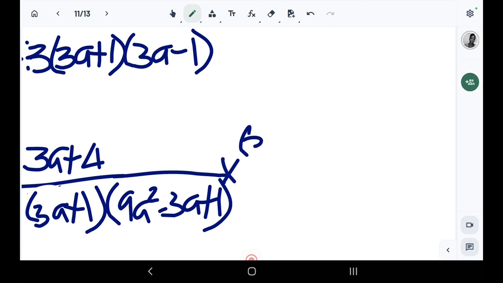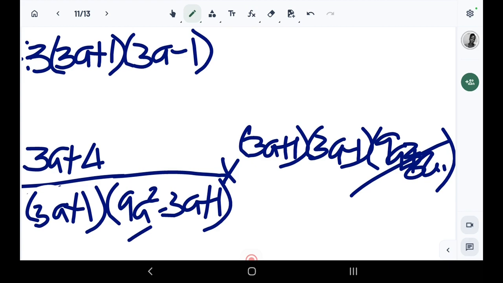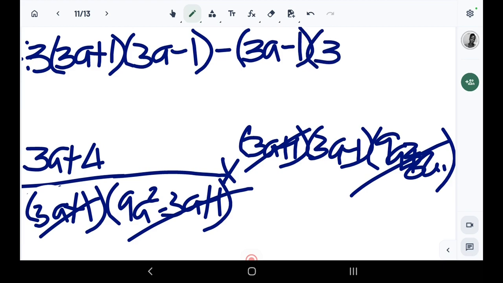Multiply that by the lowest common denominator, 9a squared minus 3a plus 1. Okay, so these two cancel out. That one also cancels with this one, so you're left with minus, in brackets 3a minus 1, be careful with the minuses, times 3a plus 4.